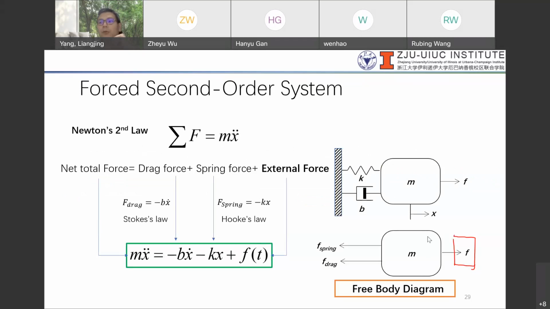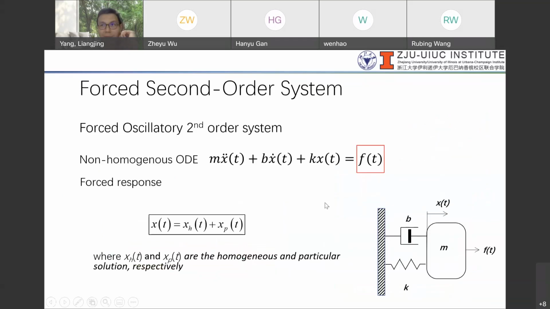So when you draw the free body diagram this time around, you will have external force. So no longer a homogeneous equation.